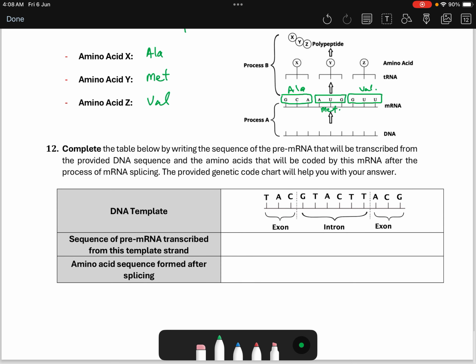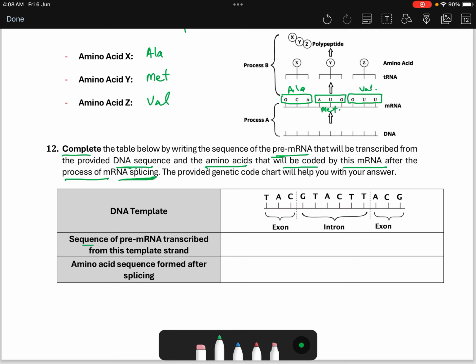Complete the table below by writing the sequence of the pre-mRNA that will be transcribed from the provided DNA sequence, and the amino acids that will be coded by this mRNA after processing, meaning after splicing. The provided genetic code chart will help you to answer. The DNA template is over here. We need to now write the pre-mRNA sequence.